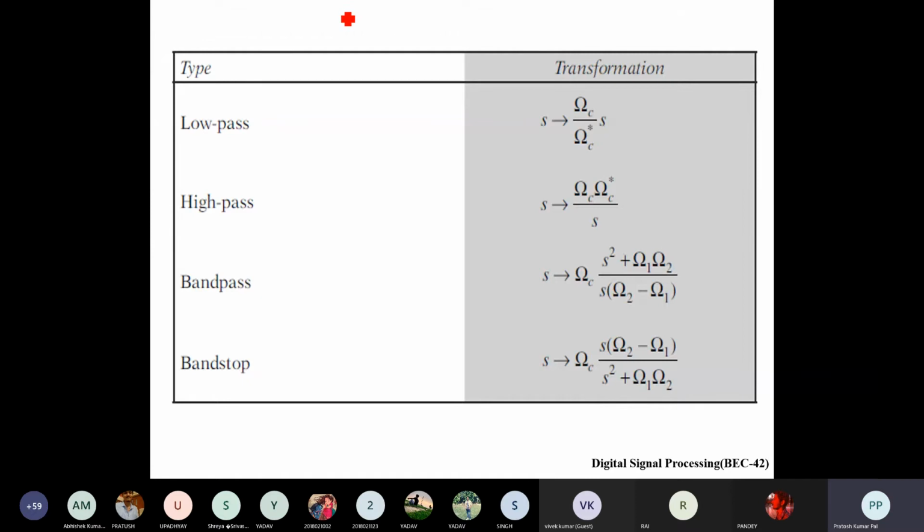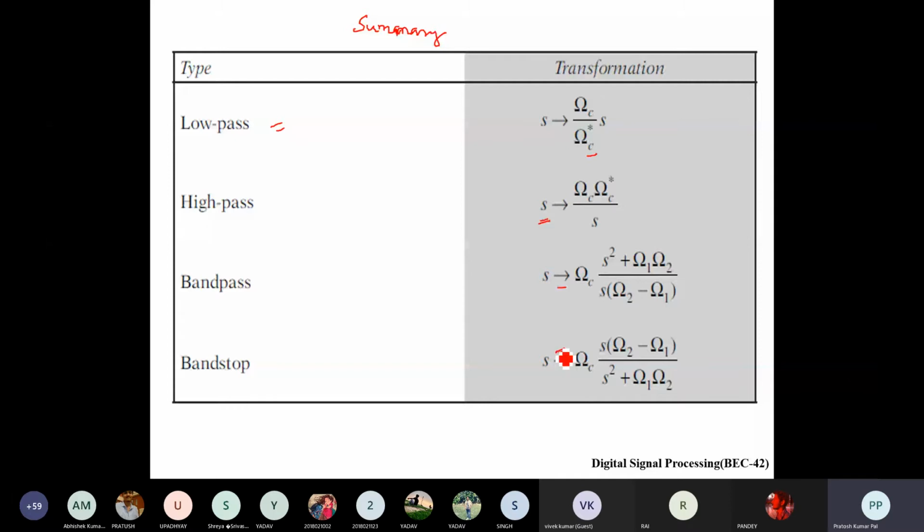If we make a summary, this is a summary of the conversion of analog frequencies. Basically we are doing frequency conversion, or frequency transformation, in the analog filter domain. Once we need to design a low pass filter, this will be the replacement; in a high pass filter, this will be the replacement; and again for band pass and band stop.